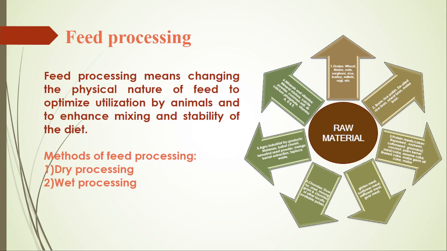Then wet processing also has various methods like steam flaking, high moisture storage plus roller milling, and reconstitution plus roller milling. When we talk about wet feed processing, many of the bigger commercial feedlots have installed wet processing systems.